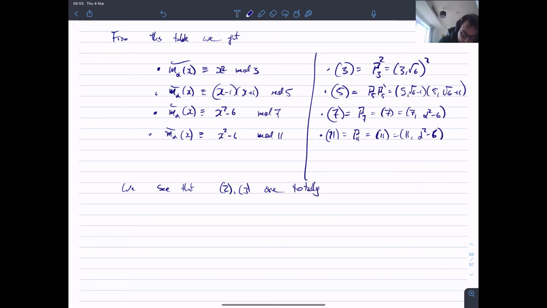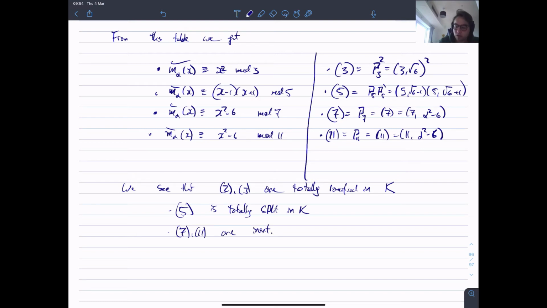I've already said this for 2, totally ramified in K. The ideal 5 splits, or it's totally split, to be precise. It's totally split. And 7 and 11 are inert.